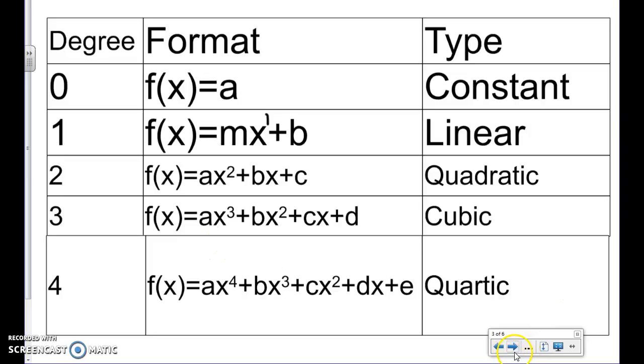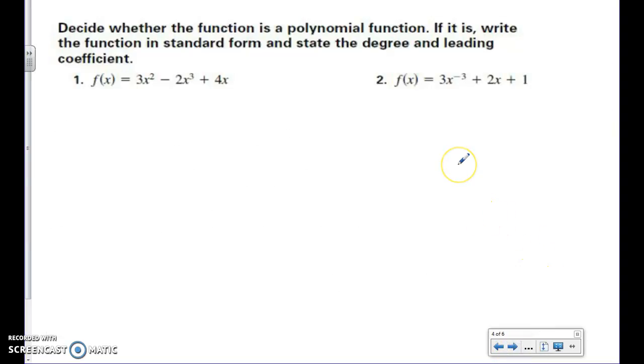Anytime you guys can pause this, okay? I want to be able to look at something like this and determine if it is a polynomial function. If it is, write the function in standard form and state the degree and leading coefficient. So when I look at this, are all of my coefficients real numbers, or numbers that I know? Yes. So this is a polynomial function. Now, is it in standard form? The highest power has to be first.